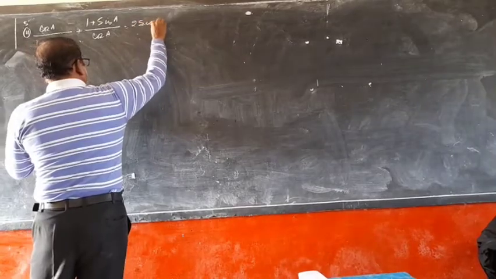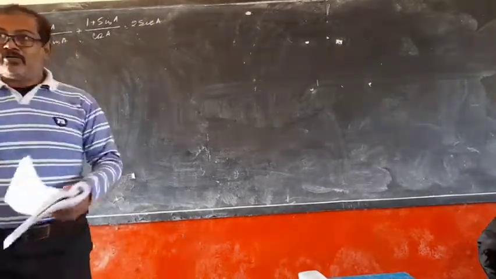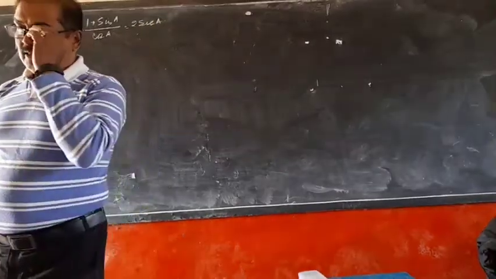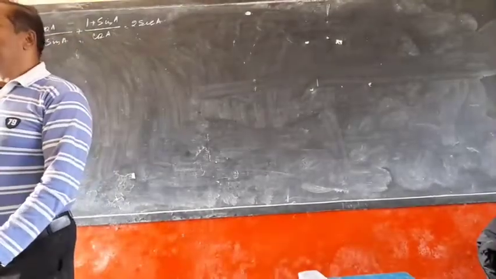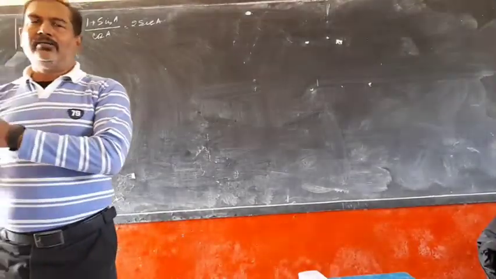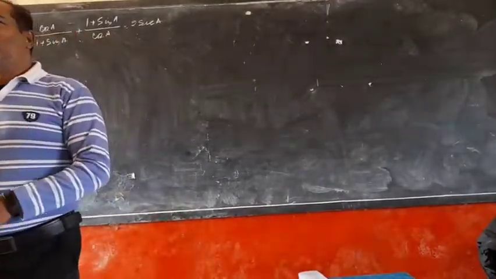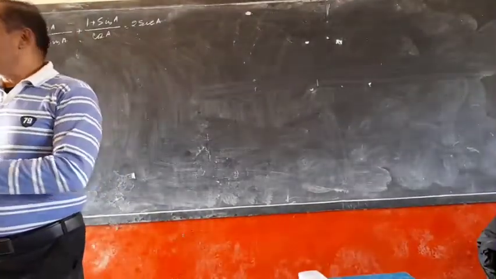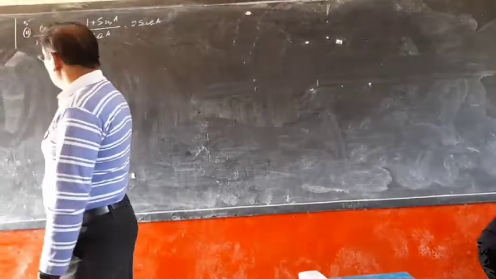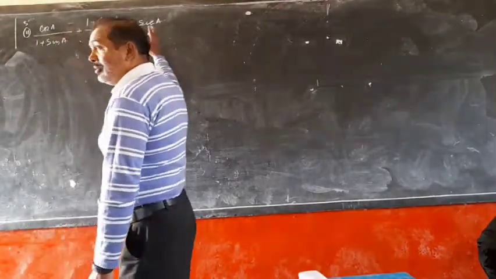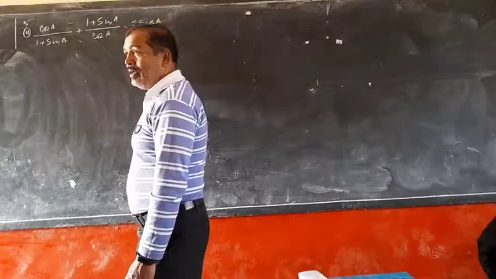Now, one hint I would like to give you. If you are finding difficulties, you have to convert the LHS into RHS or the RHS into LHS. In these questions, it is easier to move from LHS and get the result of RHS.